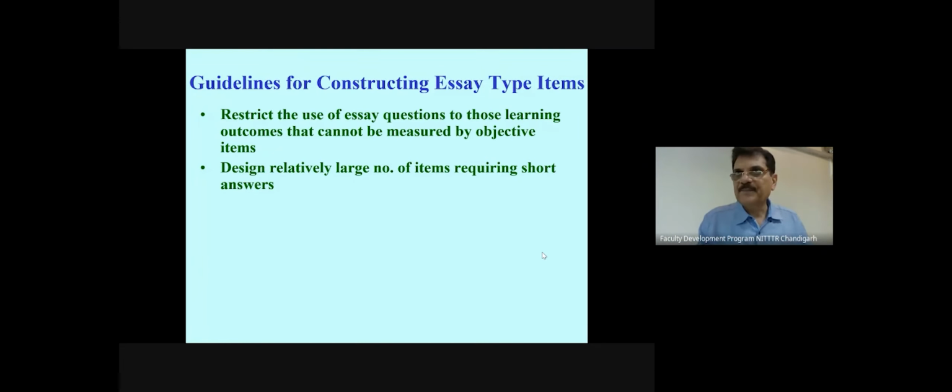This happens many times. So if you want to enhance objectivity, then you need to give more questions. Okay, attempt any 5 out of 8, but for every question you can go for 2-3 parts. If it is a 20 mark question, you can go 1A, 1B, 1C, so that more coverage can be given to the syllabus.